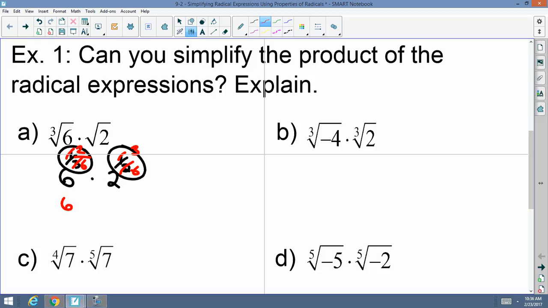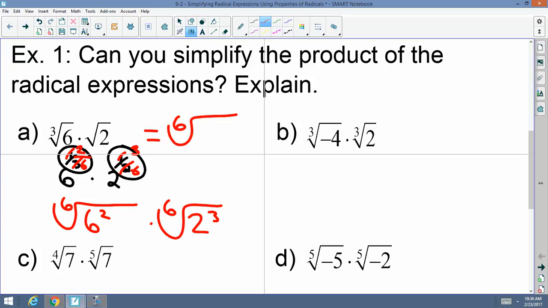Now I have the 6th root of 6 squared times the 6th root of 2 cubed. Now can I multiply these? Yes. I now have the 6th root of 36 times 8, which is 288.